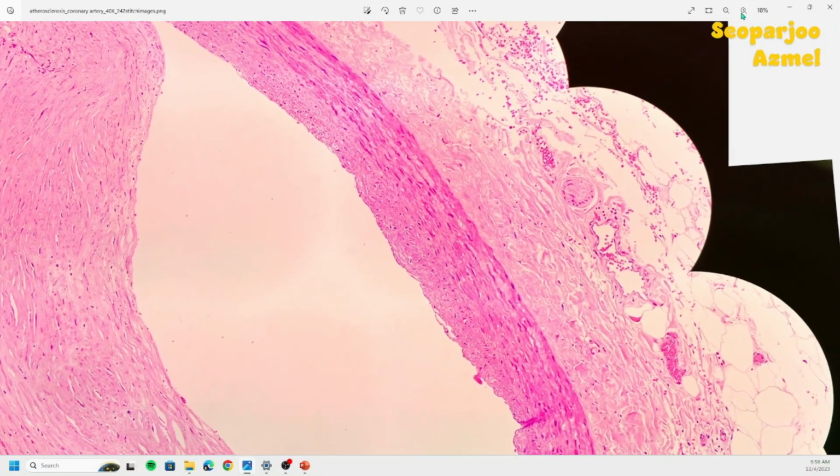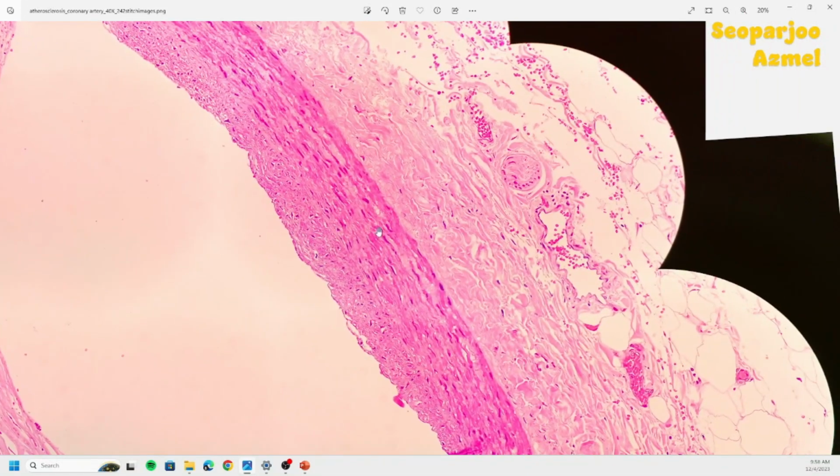So we take a look at the normal vessel's wall first, in which this part over here, you can see streaming from up to the down part over here. This is the smooth muscle layer or the tunica media. Inside here is a lot of smooth muscle that controls the contraction and also the relaxation of the vessel's wall that alter the size of the lumen.